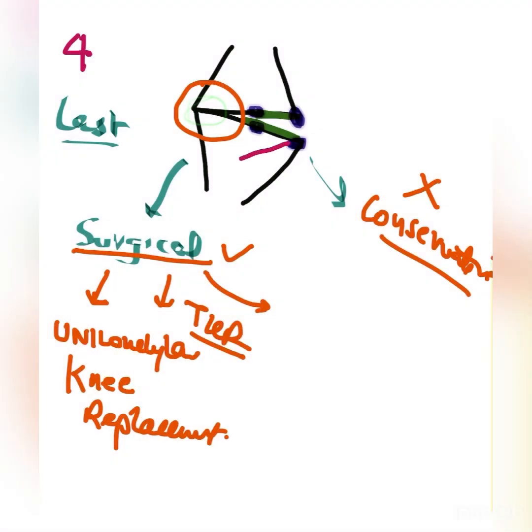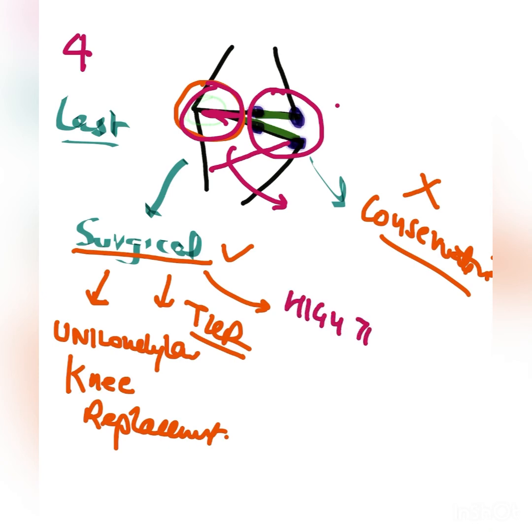It cuts the bone from here and then changes the angle so that the weight bearing happens at another compartment and not at the damaged compartment. That gives time for the cartilage to heal up, and that is called a high tibial osteotomy. High tibial osteotomy is also known as HTO.